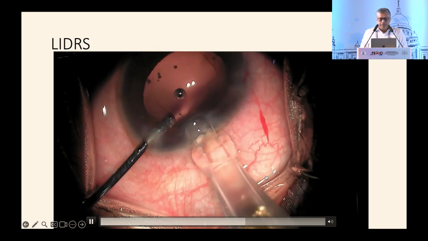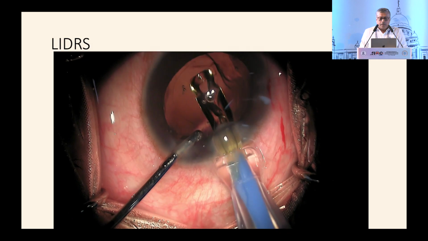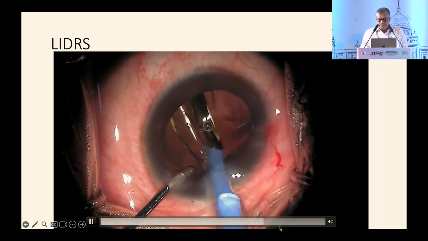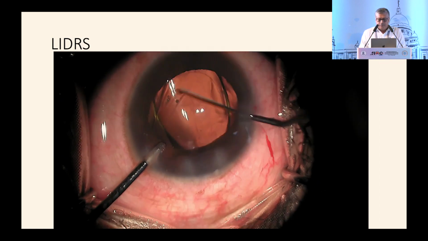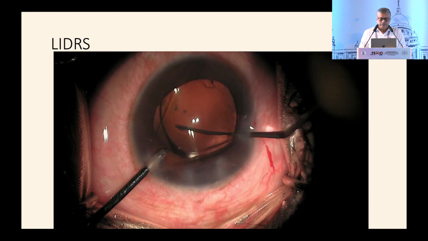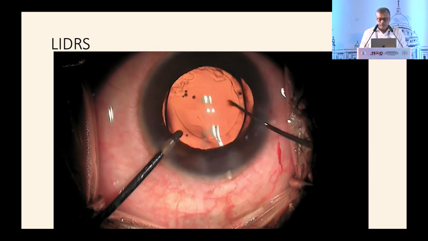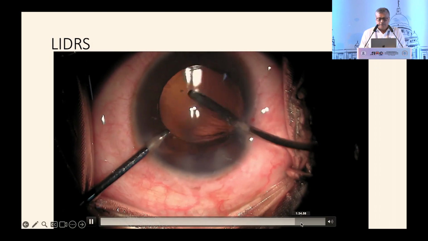So the IOL can be delivered under BSS, and after injecting the IOL and positioning it in the bag, again you should not switch off your irrigation. Dial the lens in position. Aspirate all the viscoelastic.